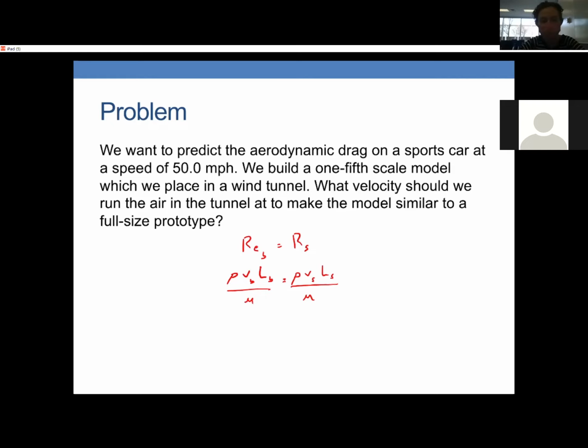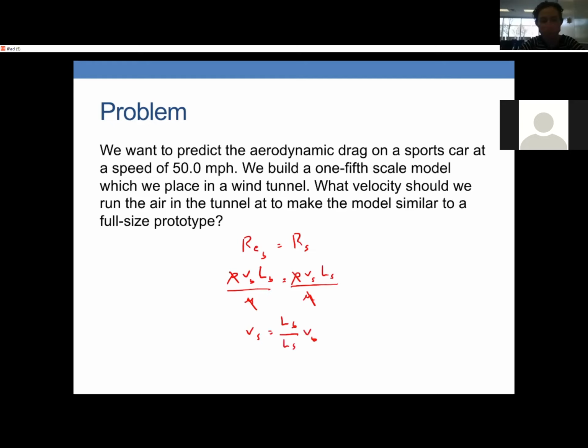The air that's flowing around. So if we assume the same air around the big one and the small one, same air, same temperature, then those will just cancel out on both sides. And now I'm going to solve for V small. V small is equal to L big over L small times V big.